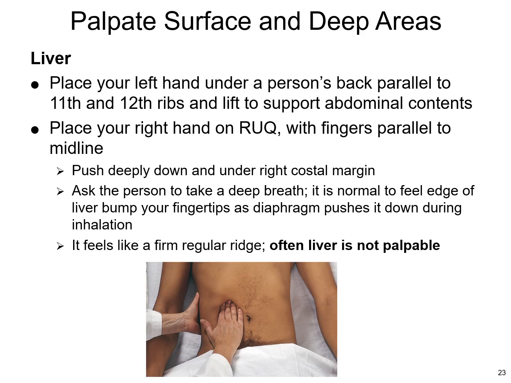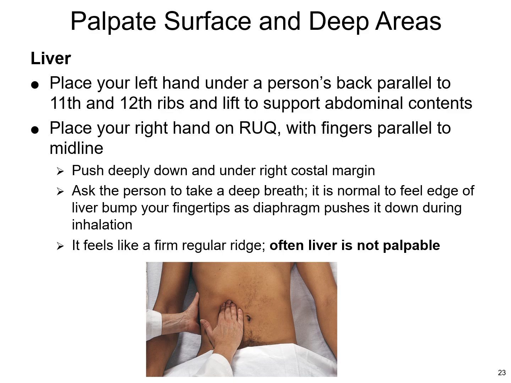You can assess the liver by palpation, although it's not very common. But if you were trying to do this, you would place your left hand under the person's back, parallel to the 11th and 12th rib, and lift up to support the contents in the abdominal cavity.